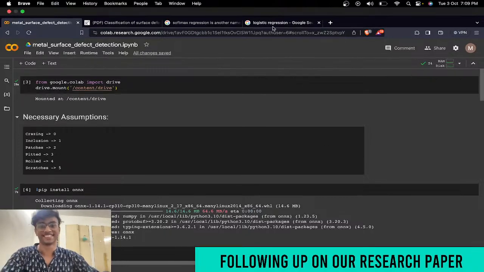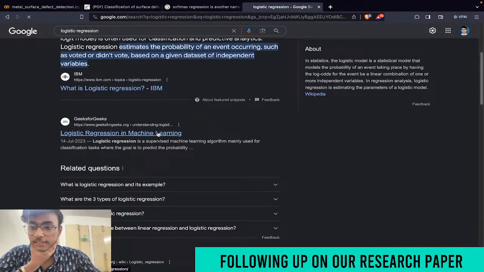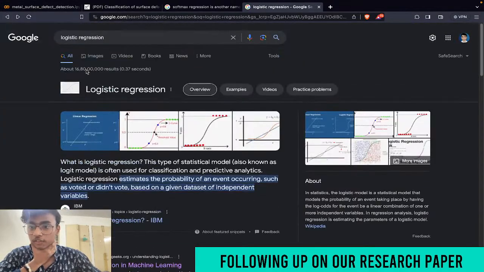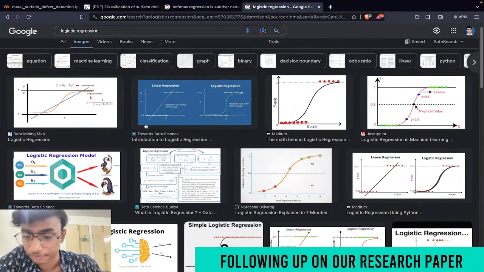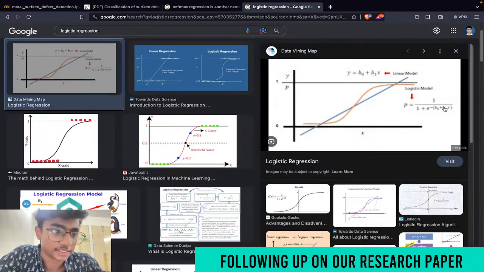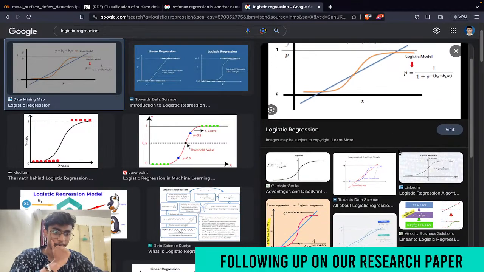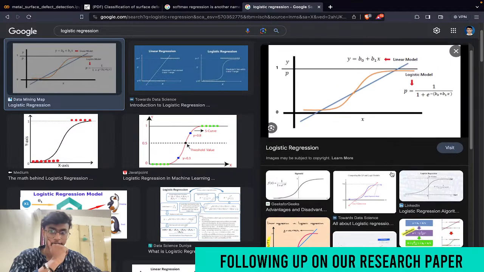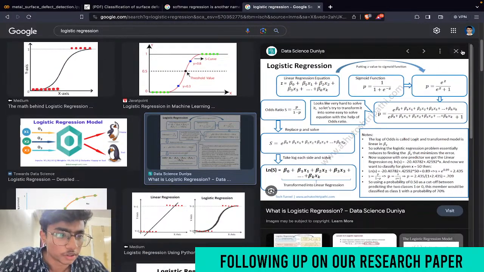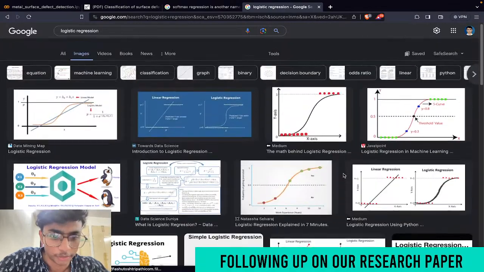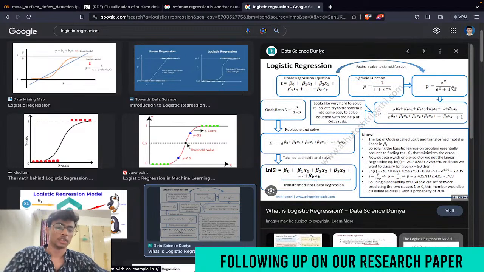Yeah. Okay, so let's continue with our research paper. So I was just showing you the formula for logistic regression, right? So there you go. The formula for logistic regression is something like this, right? Now, this is not the exact formula that would help you, but yeah, see, this is where it will be visible, right?